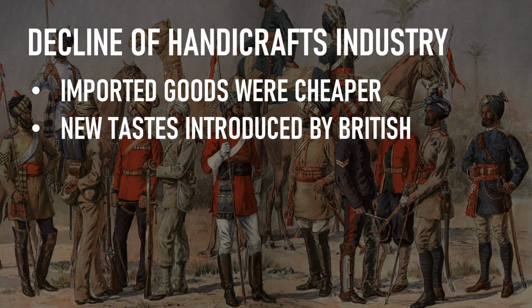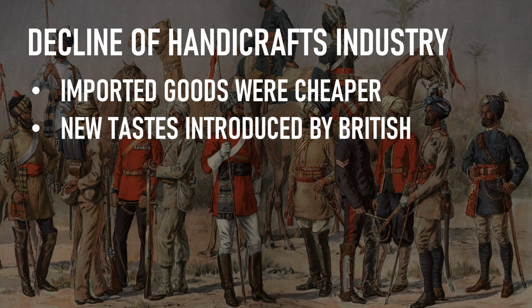So India imported goods from the UK, and they also purchased these goods. And the British also introduced new tastes and trends in clothing. So Indians preferred to purchase cheaper goods, which are also aligned with the latest trends in garments.